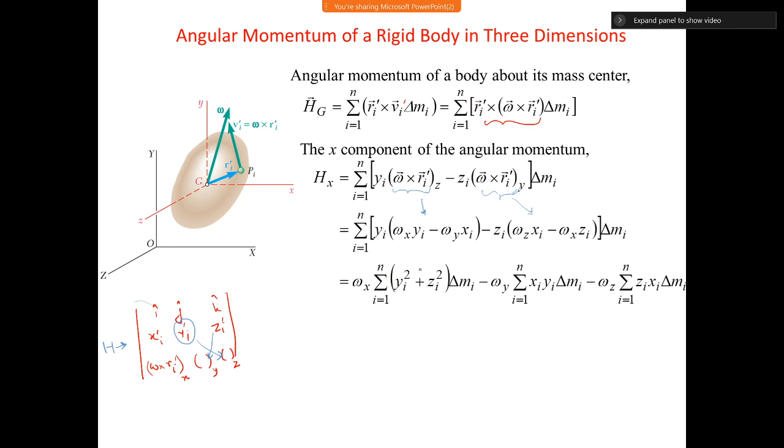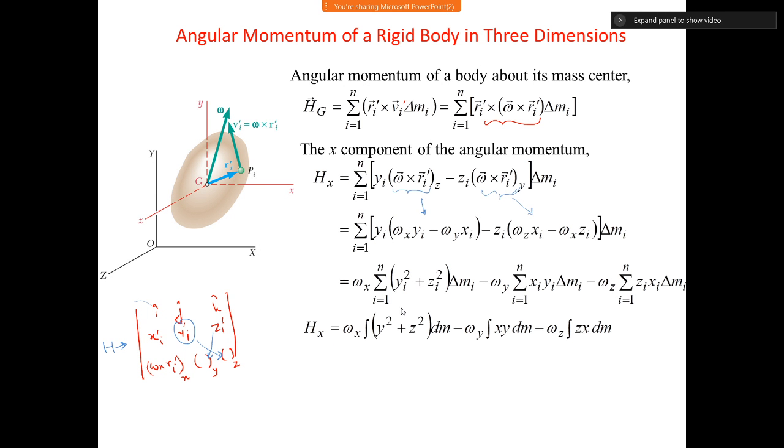Now if we open it up and add it, what we will get is omega x times yi square plus zi square delta m, minus omega y xi yi, minus omega z zi xi delta m. And this is considering small particles. If I consider it as a continuum, then this summation will convert into an integral, and the equation we will get is hx equal to omega x integral of y square plus z square dm, minus omega y integral of xy dm, minus omega z integral of zx dm.